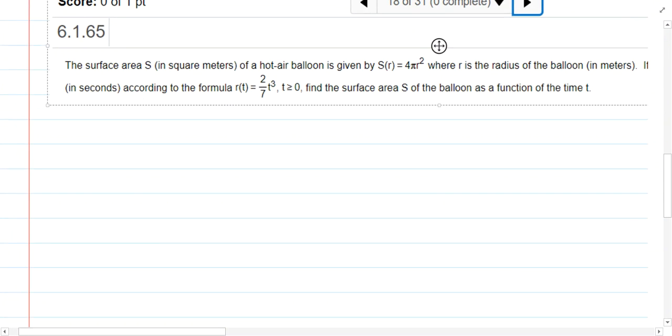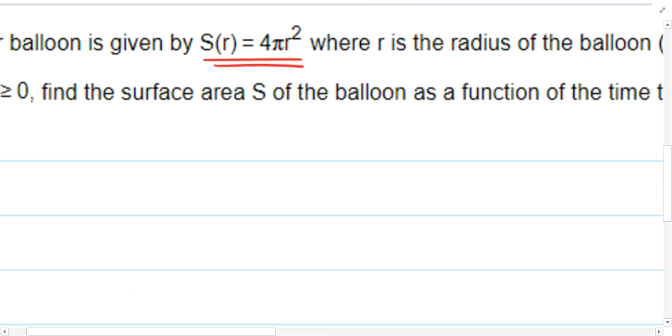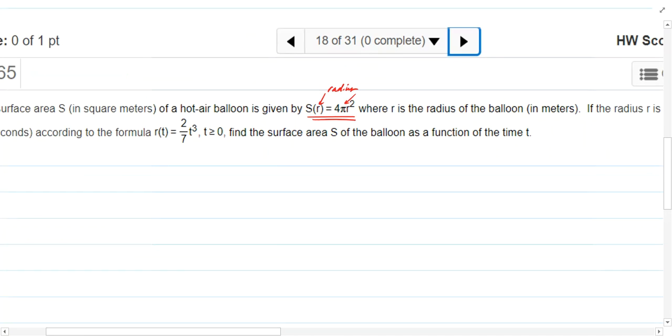So with number 18, we start talking about a real-world situation in which we will compose 2 functions. We're told that the surface area of a hot air balloon is given to us by this particular equation, and the equation is dependent upon the radius of the balloon. So if I knew what the radius was of the balloon, I can calculate the surface area by using this particular function.